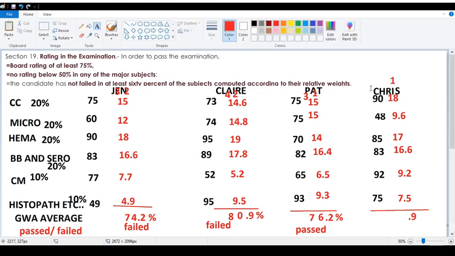Ay, wait lang, sorry. That is 8, 9 plus this one. So 9 plus 9, that is 18, 25, 31, 40, 47.